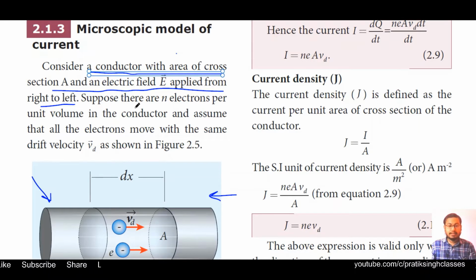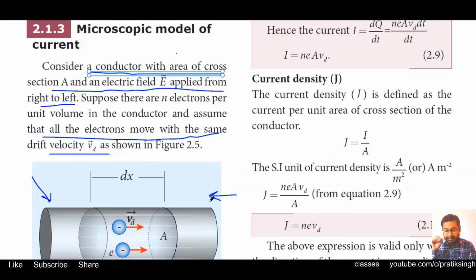Suppose there are n electrons per unit volume in the conductor and assume that all the electrons move with the same drift velocity Vd, as shown in figure 2.5. Let me explain an important thing: the external electric field direction will always be opposite to the internal drift velocity of the electrons of a given conductor.